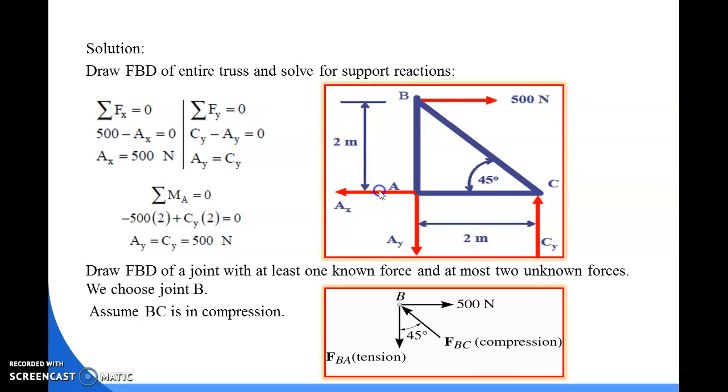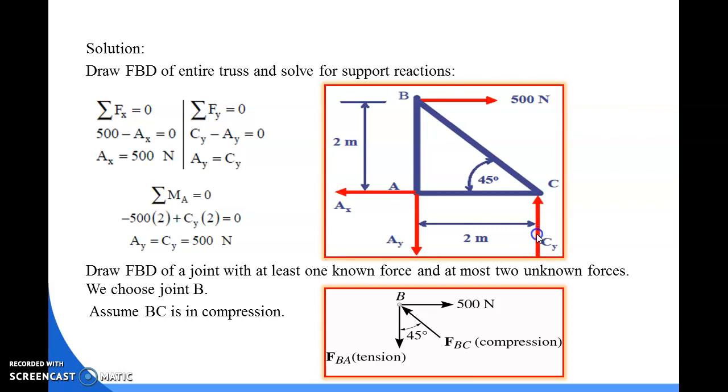In this free body diagram, AY is a vertical reaction and CY is another vertical reaction, and we add these values according to their sign. The AY direction is downward, so it is negative, and the CY reaction is upward, so we take CY as positive.